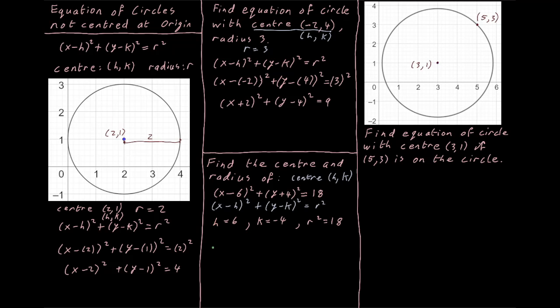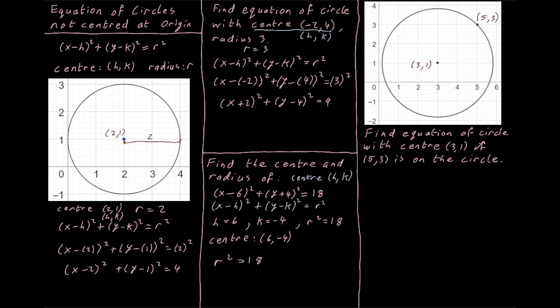So I know the center, I have all the information for the center now, is going to be at h, k. I've worked out that that's 6, minus 4. And now I need to work out the radius. So I know that the radius squared is 18.